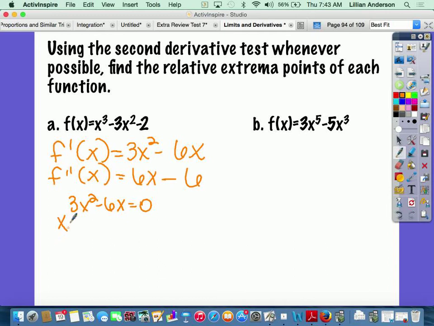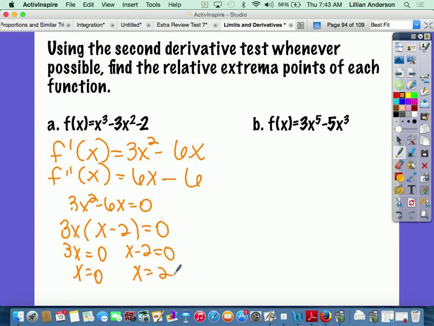So we know that there's an x in common, and actually there's also a 3 in common, so let me fix that. I'm solving for x, so I'll look for my greatest common factor, which is 3x. That leaves me with x minus 2. Set both factors equal to 0, and I see that x equals 0 and x equals 2 are my critical points. Those represent the c that I'm going to test in my second derivative test.